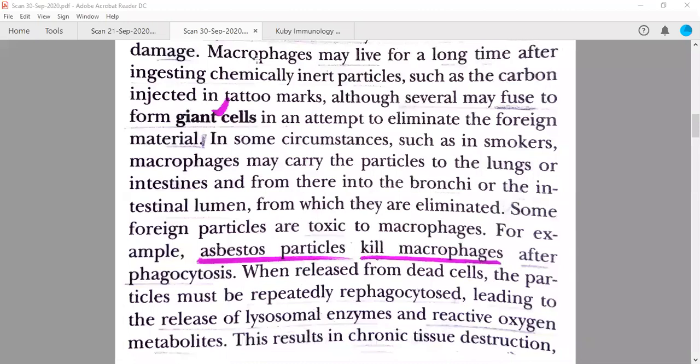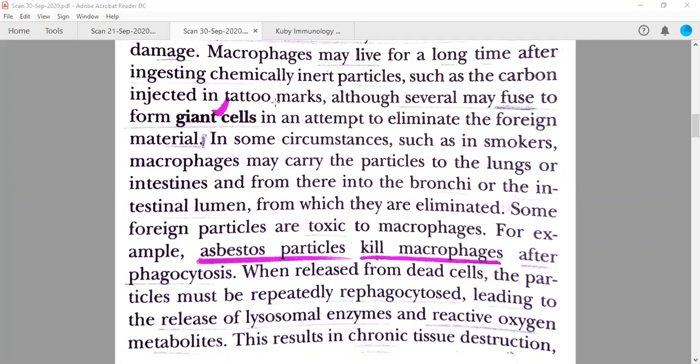I was telling you that macrophages may live for a long time after ingesting chemically inert particles. Suppose this macrophage, or bade havaldar, has ingested some particle which will not be degraded. In such cases, the lifespan of the macrophage will increase. For example, by ingesting chemically inert particles such as the carbon injected into tattoo marks.